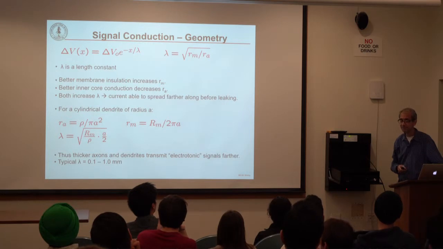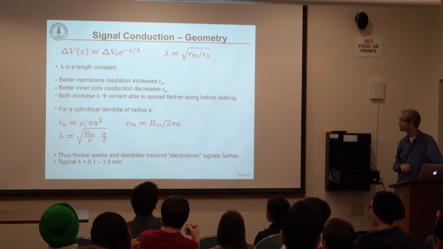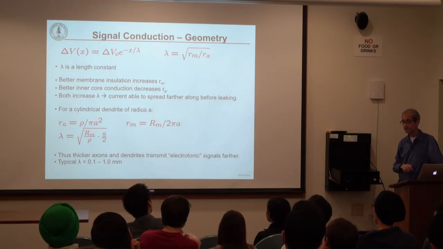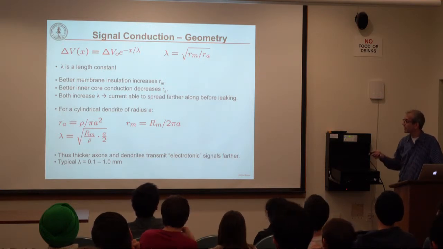Yeah. I was just wondering, I understand how like myelin would increase Rm, but I don't understand why Ra would decrease. It wouldn't, with just that manipulation. Okay. That's a good thing to do, full stop.